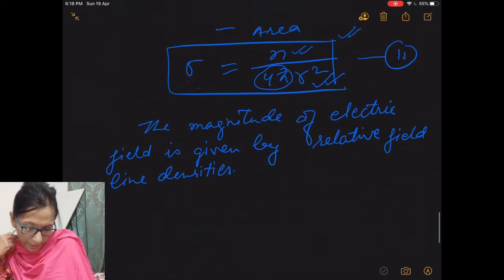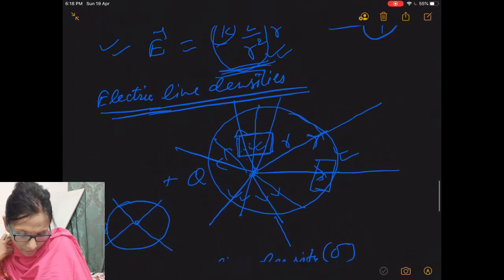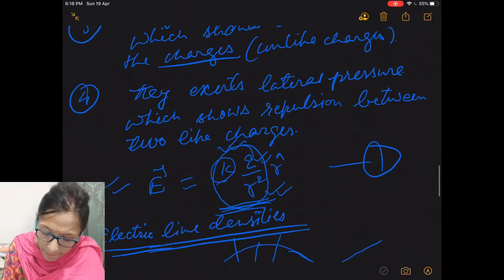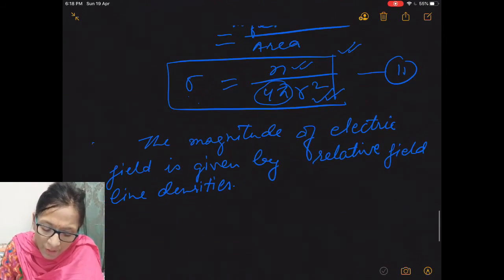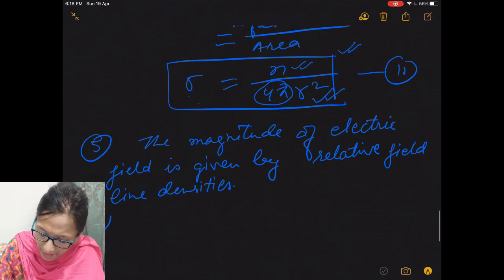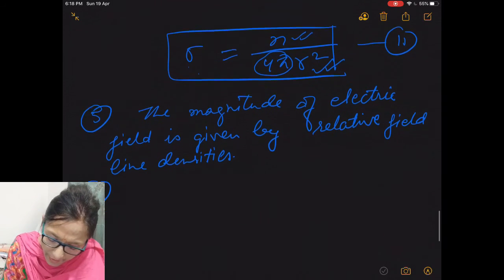So one more thing. Okay, next point. You will sum up all these points, fourth point, and this you can take as fifth point.